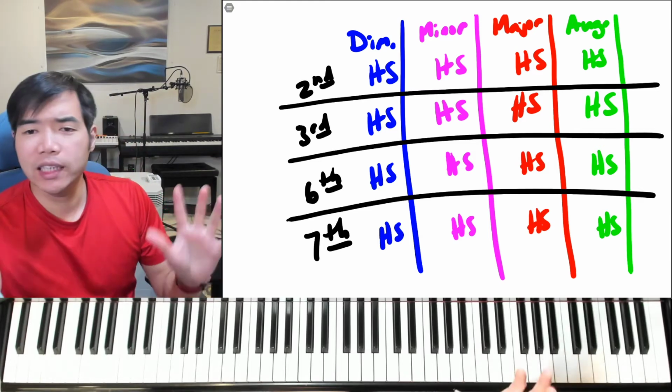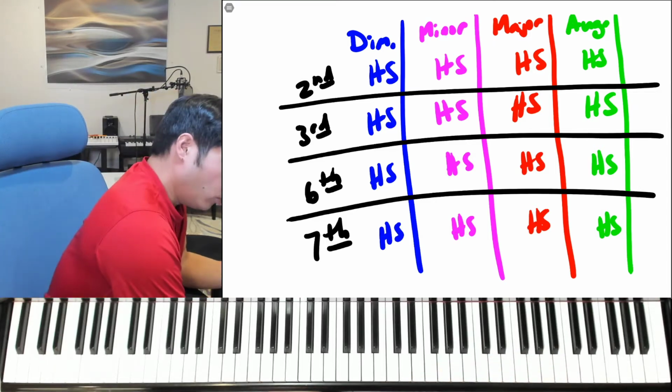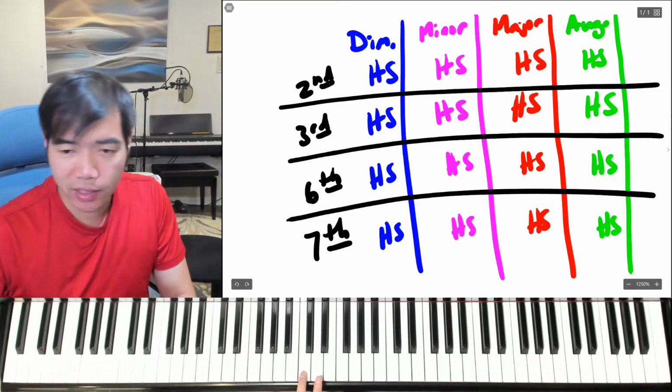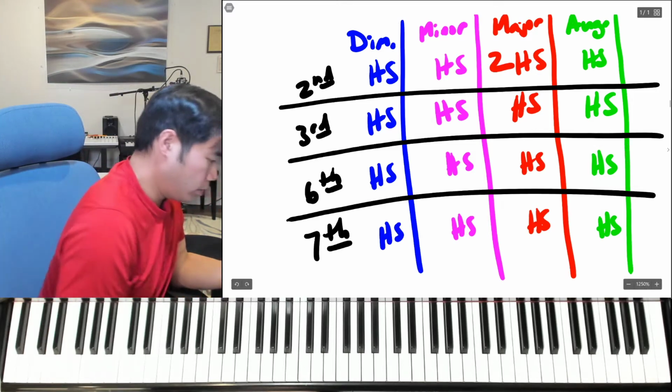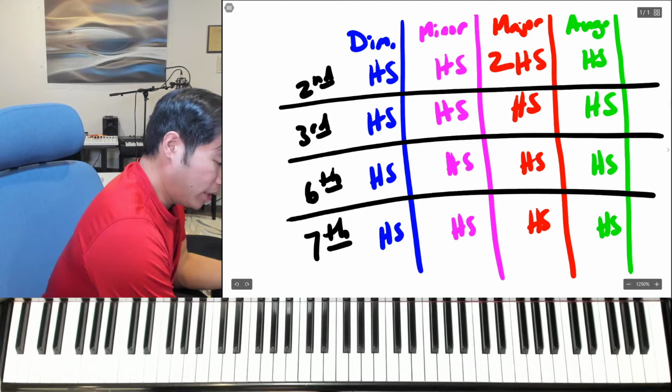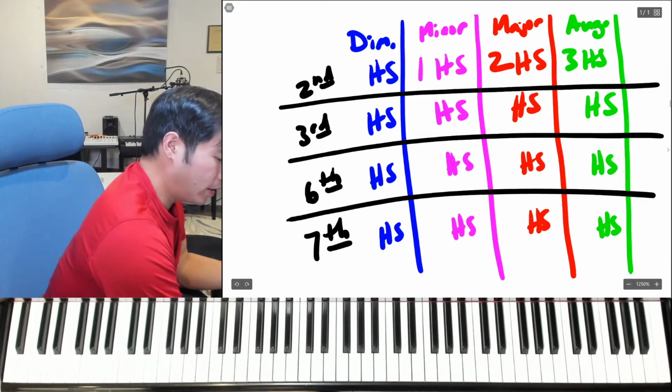So we already talked about the distance between different types of seconds. We know that a major second, for example, C to D, is 2 half steps. An augmented second is 1 more half step than that, so that'll be 3. A minor second is 1 less half step than a major second, so it must be 1 half step.